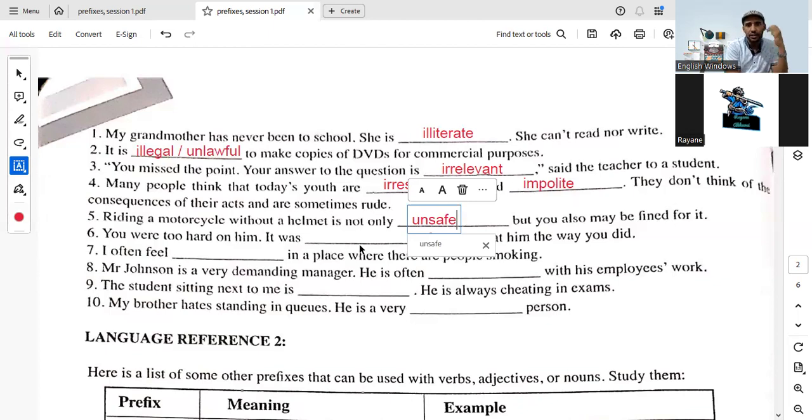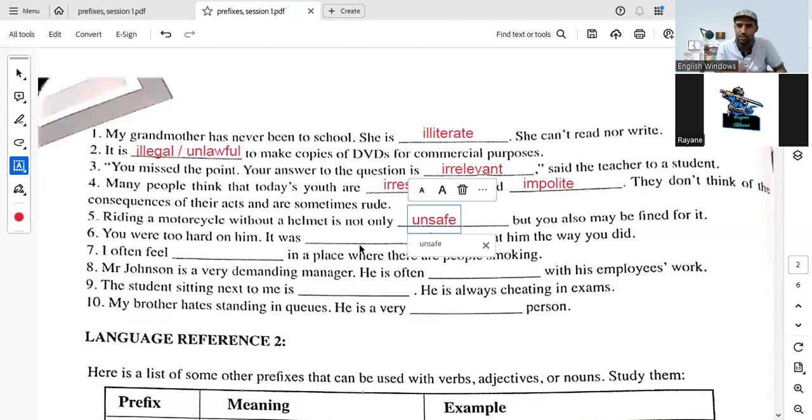Riding a motorcycle without a helmet here in Morocco is not only unsafe, according to the law it is illegal. It's unlawful. It's against the law. But you also may be fined for it.